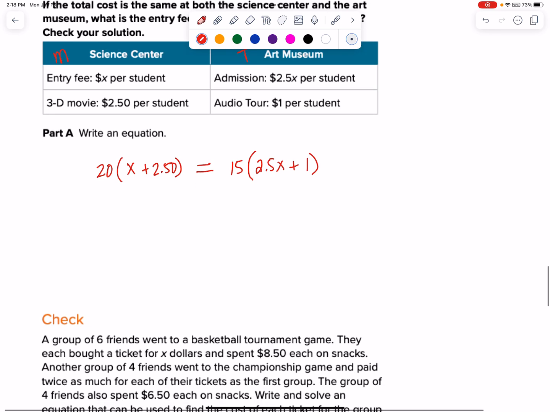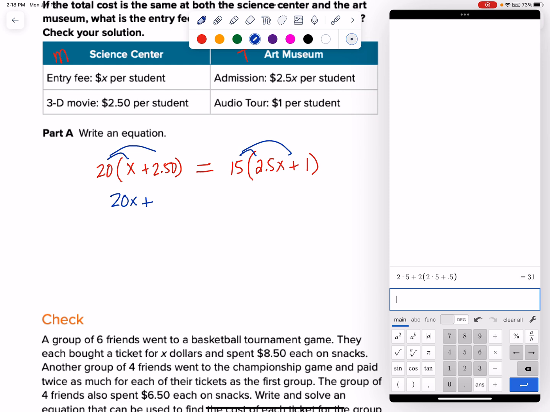So let's go ahead and solve this out. We're going to distribute the 20 and the 15 to both terms. So we have 20x plus 20 times 2.5 is 50 equals 15 times 2.5 is 37.5 plus 15.